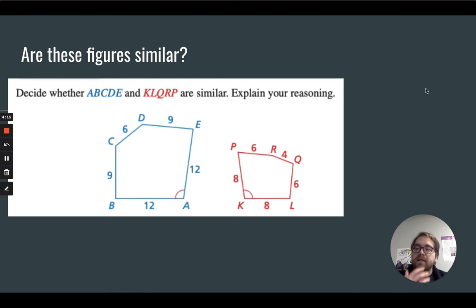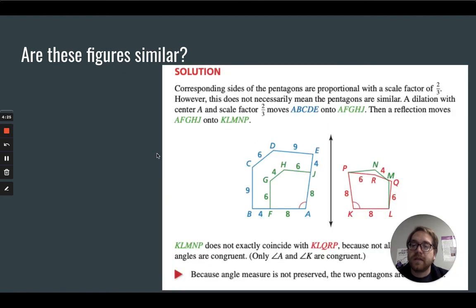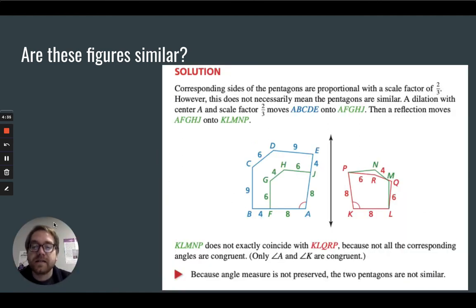In this last example, we won't look at it altogether, but it's in your notes. It's determining if these figures are similar or not. Is this figure here similar to this figure here in blue, and explaining why. Ultimately you would find out that they're not actually similar. If you looked at all of their side lengths, you would see that they're all proportional, with a scale factor of 2/3. But their angles don't match up.